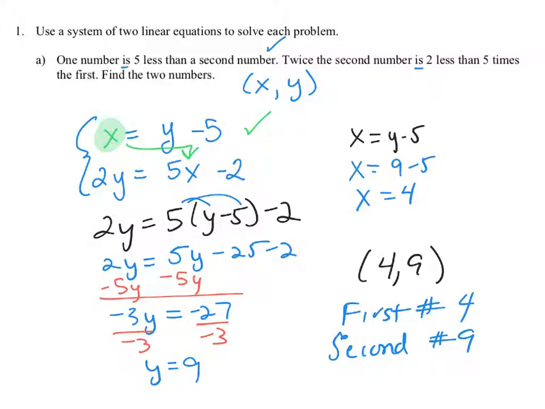And then twice the second number, or 2 times 9, which is 18, is 2 less than 5 times the first. Well, 5 times the first is 20, so 18 is 2 less than 5 times 4. So it works in the second equation as well. So we know that (4, 9) is a solution to that system of equations.